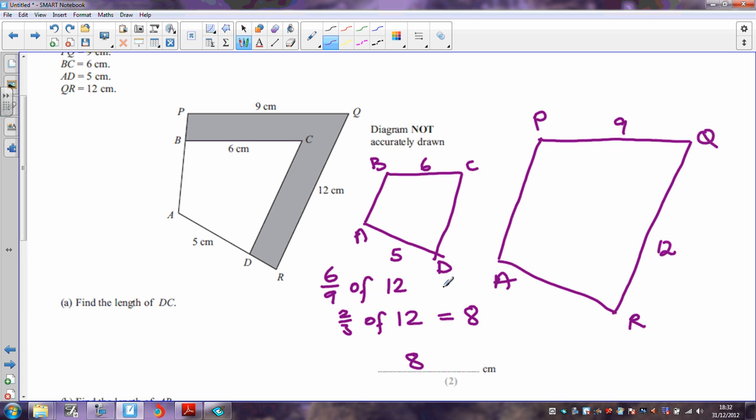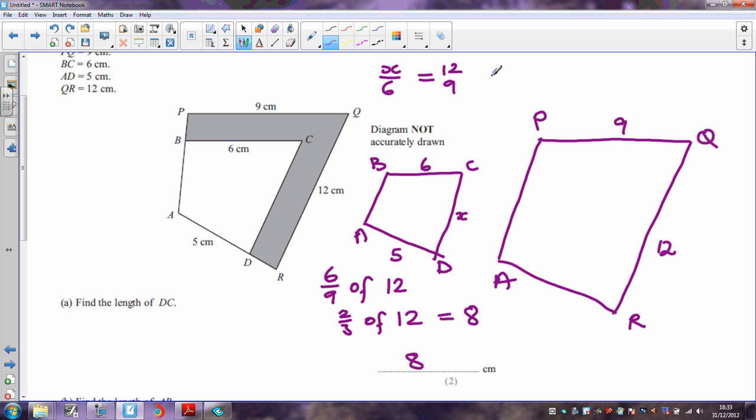Okay, 8 centimeters. Another way that I sometimes like to do these is I can see that corresponding sides are in the same ratio. So if this is the one that I'm looking for, then I know that, for example, x over 6, so that ratio, x over 6, is exactly the same as 12 over 9.